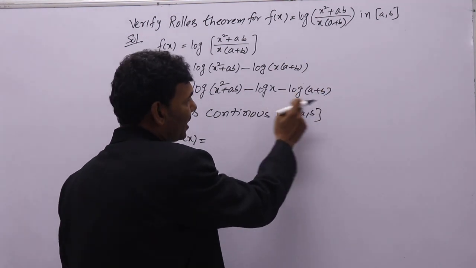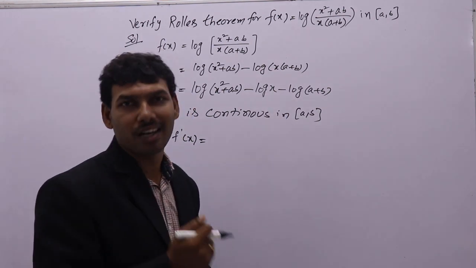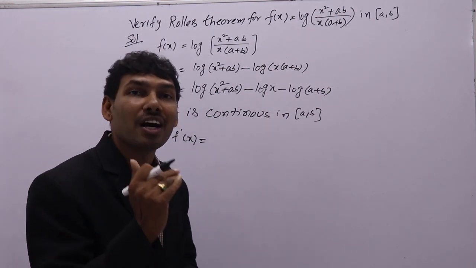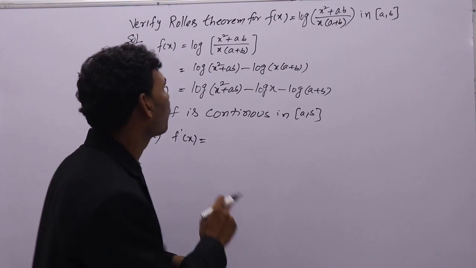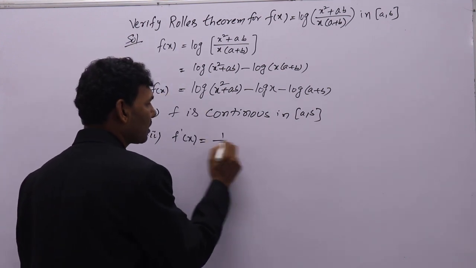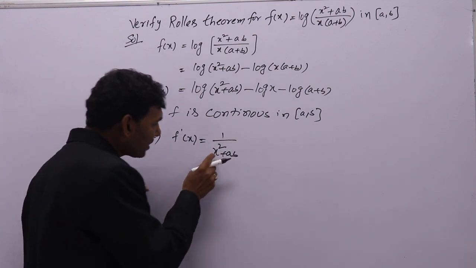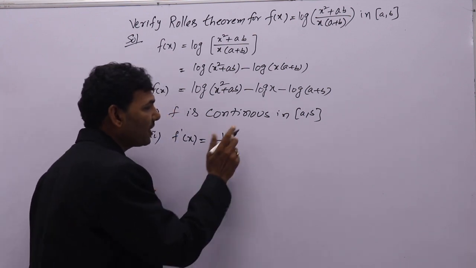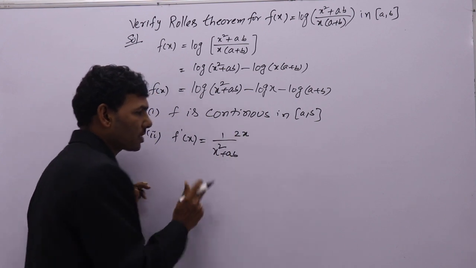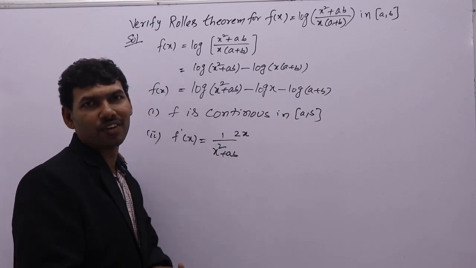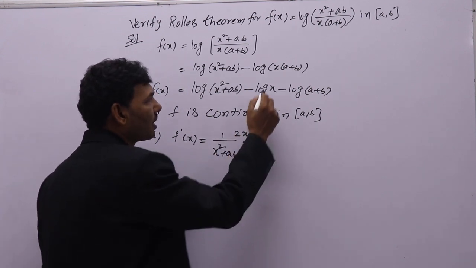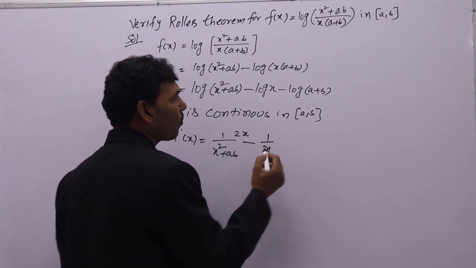If you don't have x in a term, that is treated as a constant, and differentiation of a constant is 0. Now, differentiation of log x gives 1 by (x square plus ab). Now differentiate again this term: differentiation of x square is 2x, and here you don't have x, so differentiation of the constant is 0. Minus differentiation of log x, 1 by x.